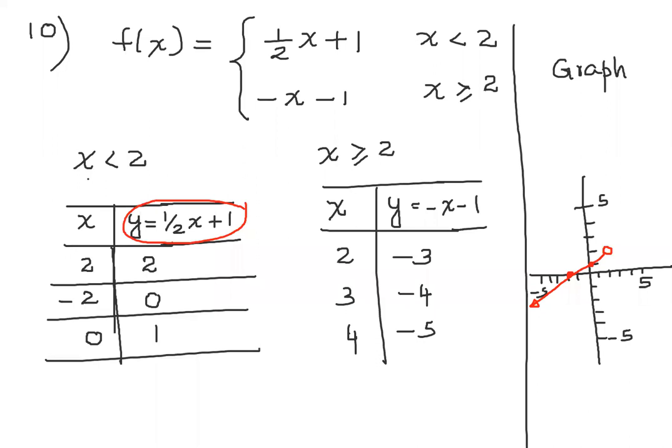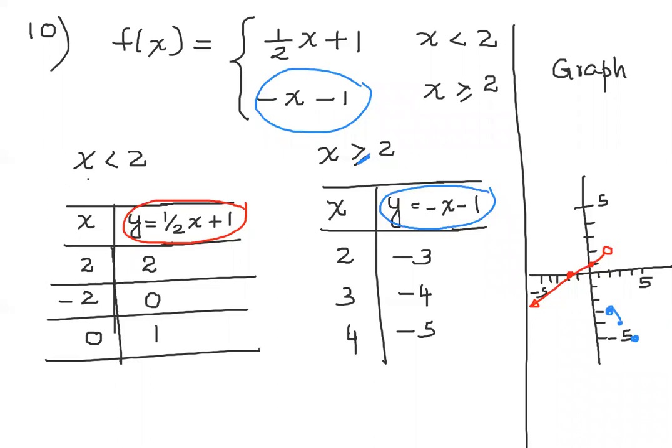And we're going to use blue for the second function. And then 2, -3 is down here, and it's closed because the point 2 is included. Because see, do you see the equal sign? That means it includes the point 2. And then 3, -4 is here, and then 4, -5 is right here.